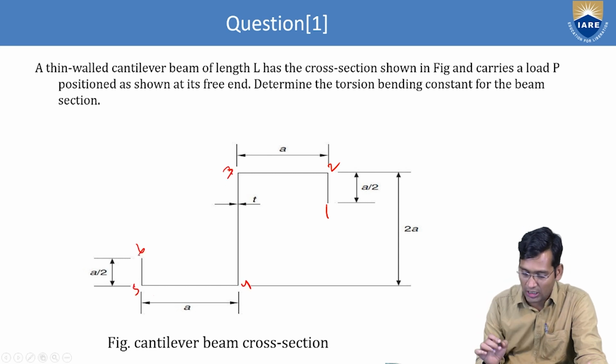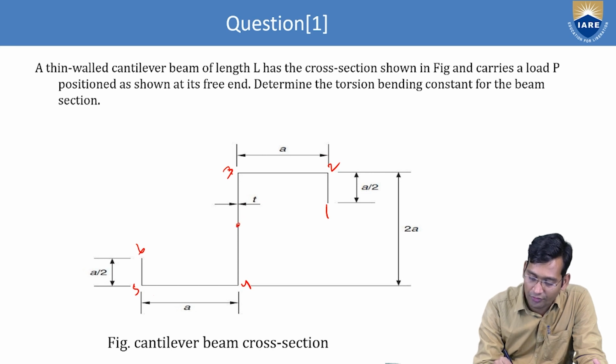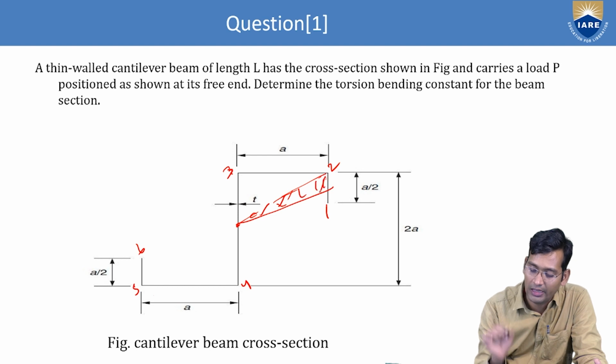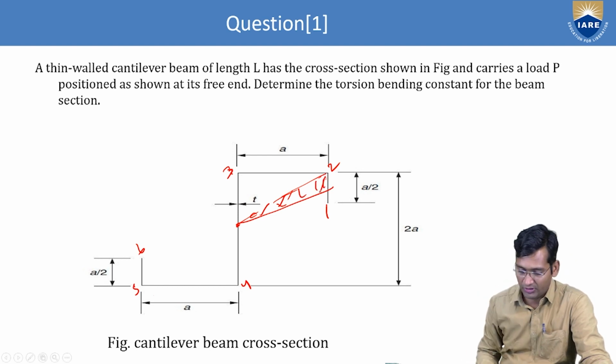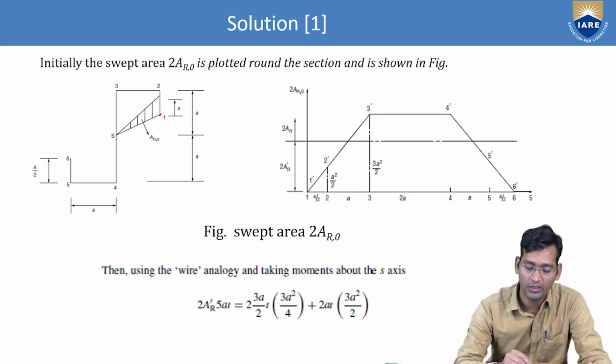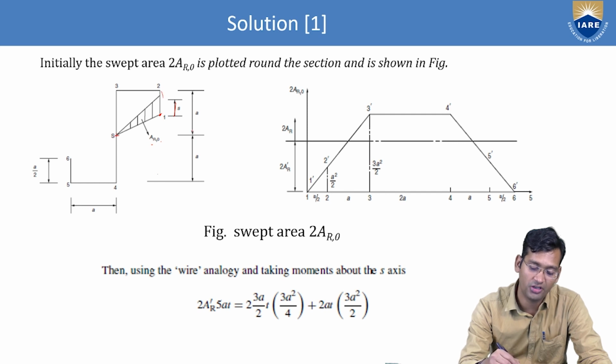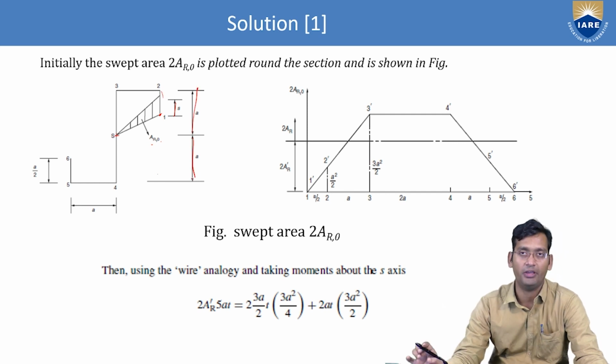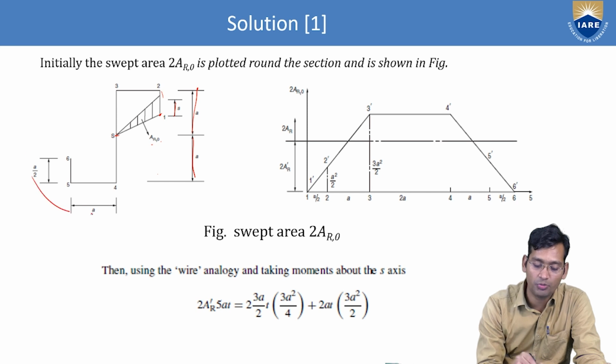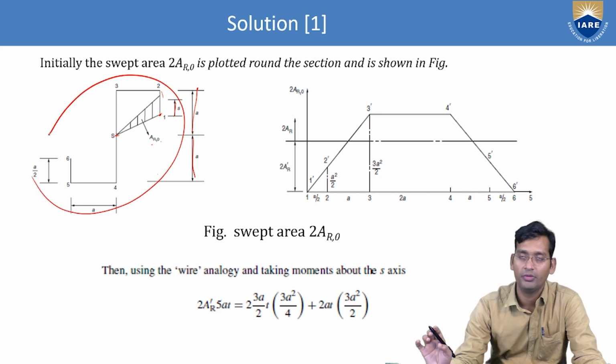Now from the shear center we will take the area, taken as A R naught, acting in this direction. Because this total is 2A, from this center it's A and this is A. Now this curve we are plotting here.